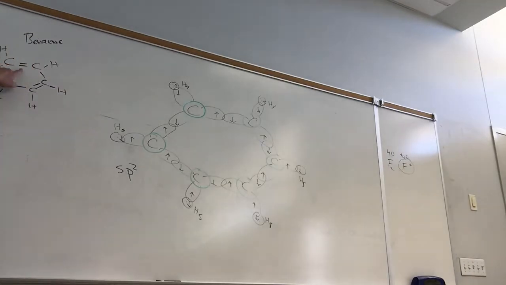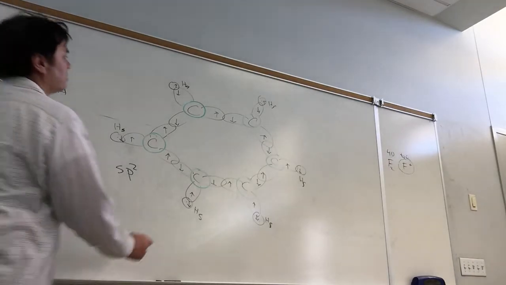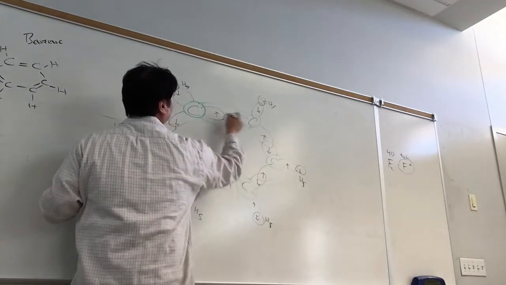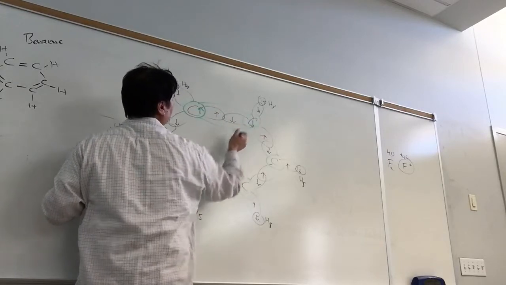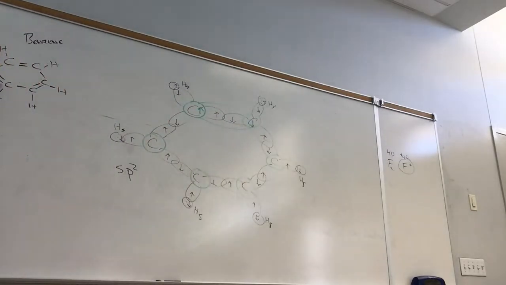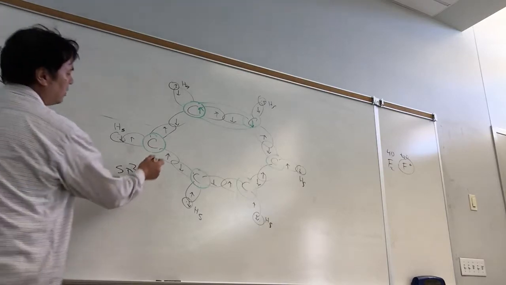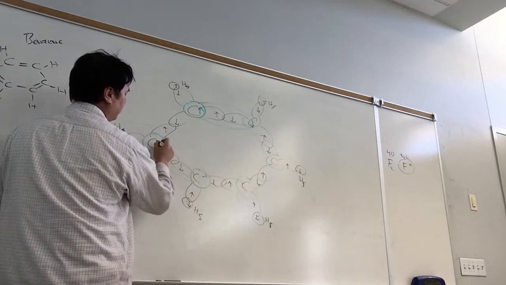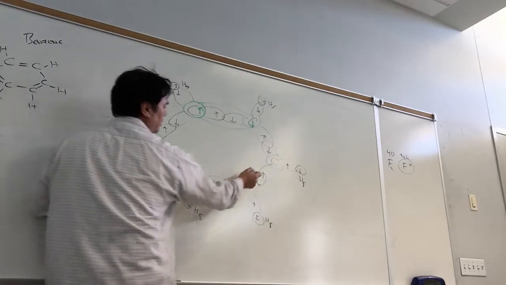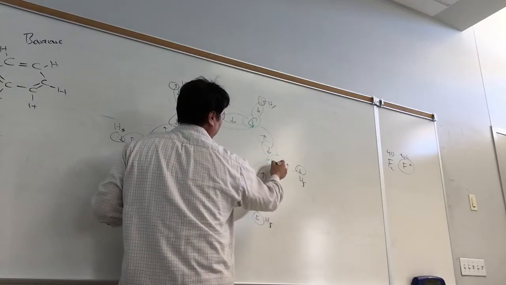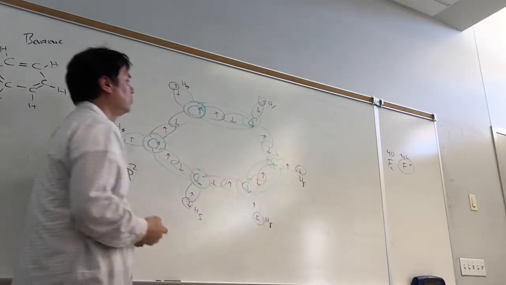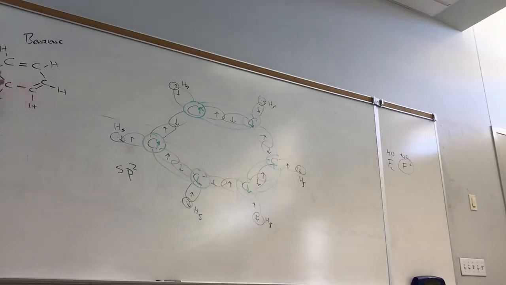I'm going to have a double bond between these 2 carbons, so I need a pi bond here. And between these 2 carbons. 3 pi bonds: 1, 2, 3.